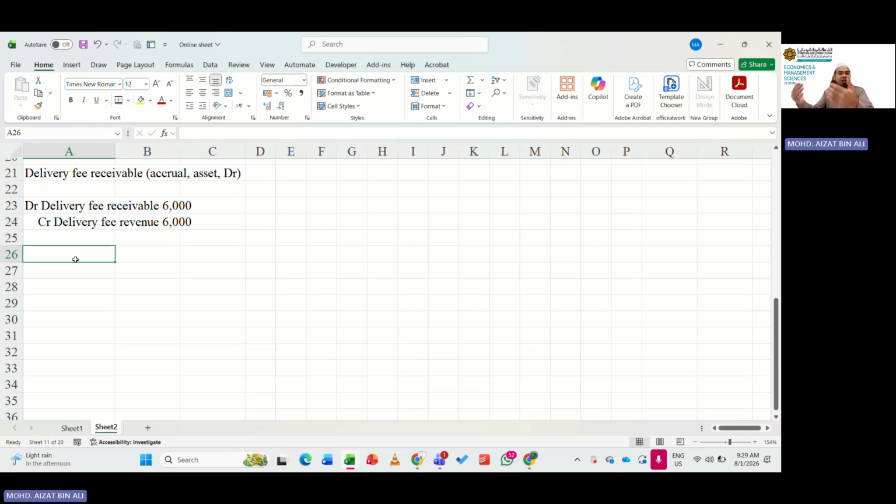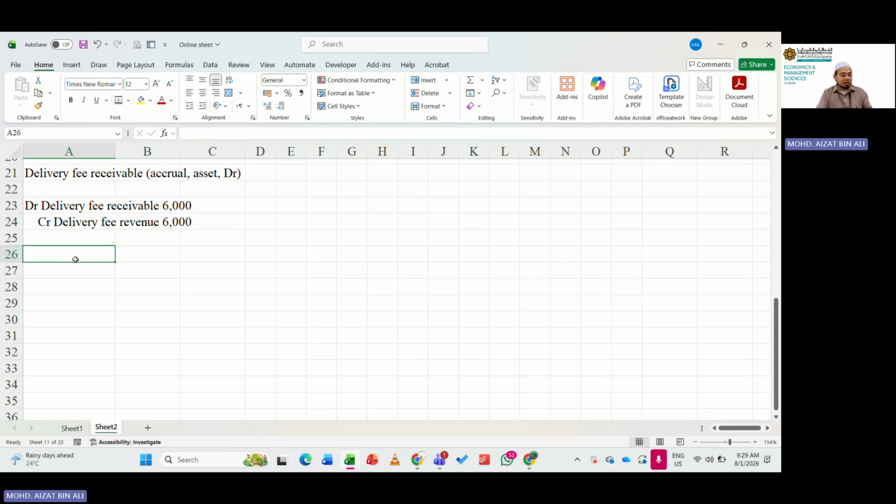We received the commission in advance, but in reality, we haven't done anything to earn it yet. Because we received in advance, it's like we owe the work to the payer. So in this case, it is a liability. That's why, if you look at the question, unearned commission revenue is on the credit side, 20,000 ringgit.